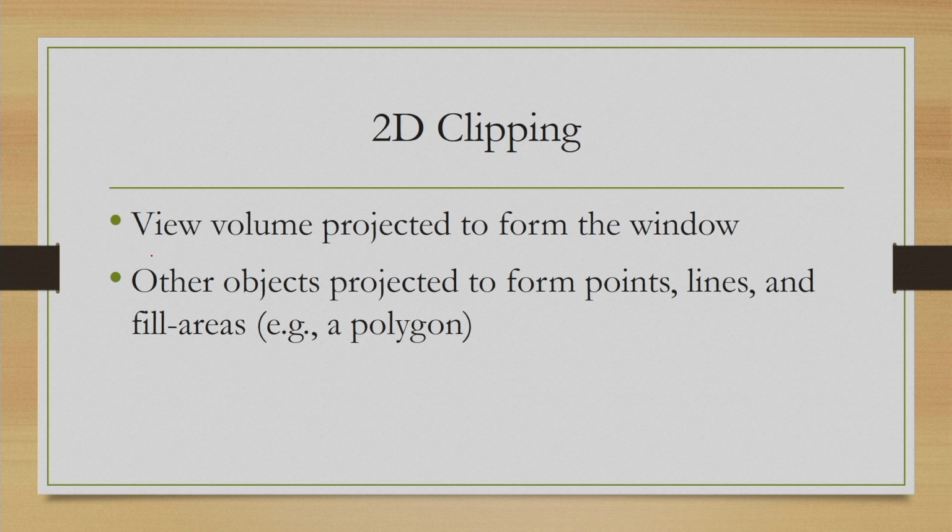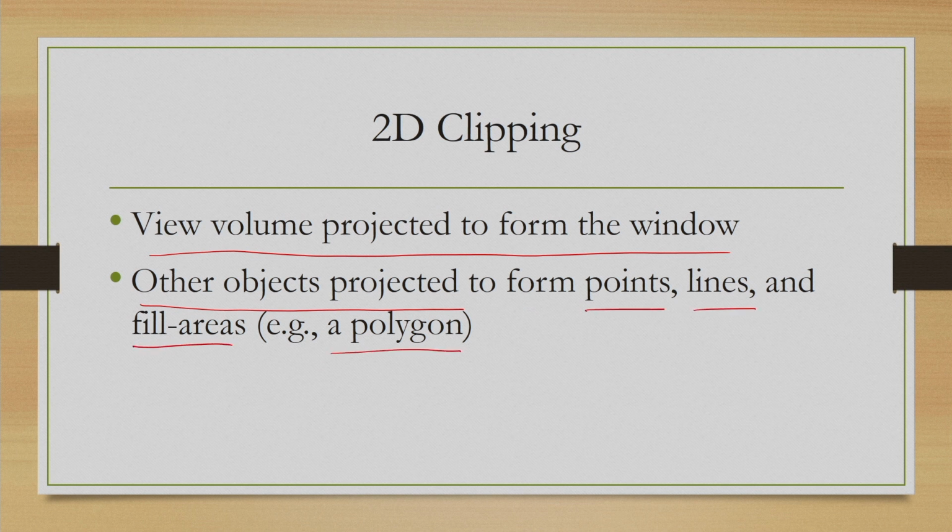So, this view volume is projected to form the window, and other objects are projected to form points, lines and fill areas such as polygons. So, we have a window which is formed by projecting the view volume on the view plane, and then other objects are projected to form points, lines as well as fill areas such as polygons.